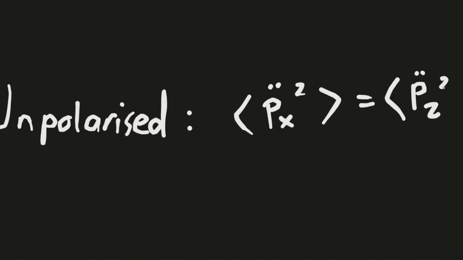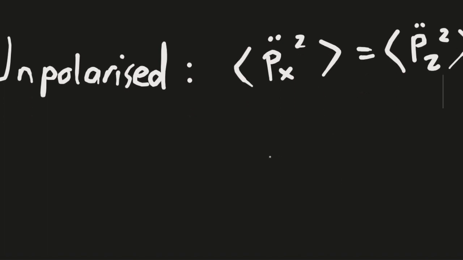So for px squared, unpolarized means that there's no dependence on the orientation of the dipole, and this is equal to half of the magnitude.